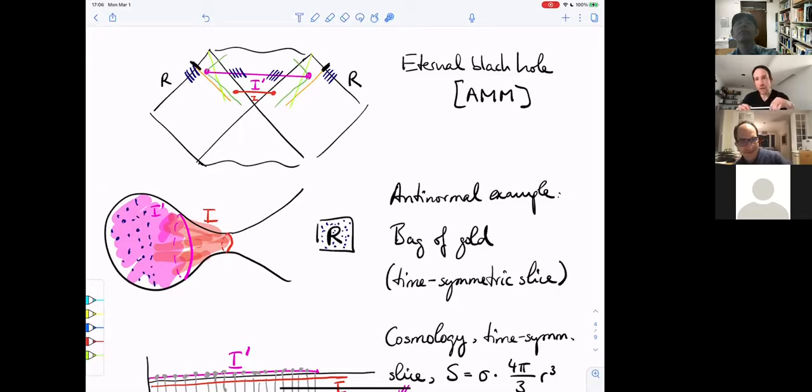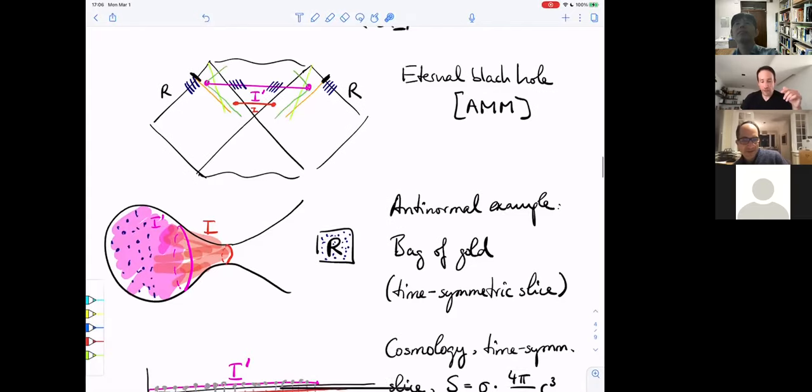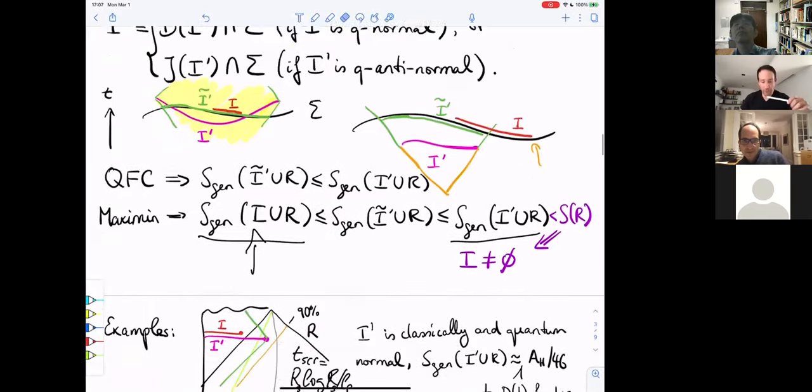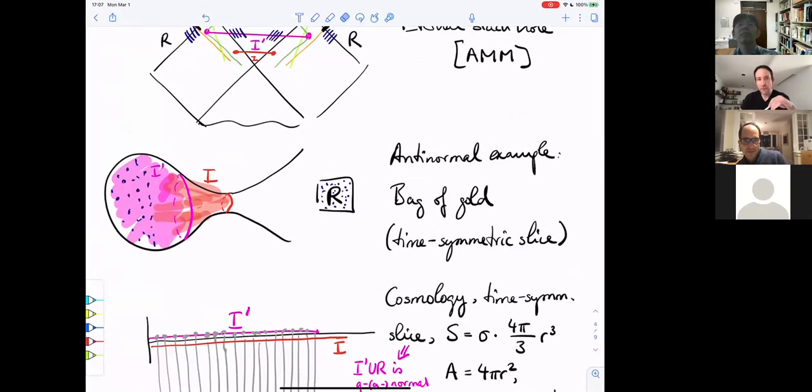Okay, fine. I mean, one thing I want to stress, maybe or should have stressed, is that these pictures were also supposed to show that the island is not necessarily a subset or superset of the representative that you find, starting from this candidate region I prime. It could be anywhere. So in the black hole example, it was a subset. In this bag of gold example, it's a superset.